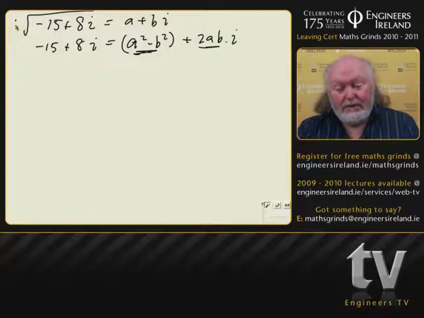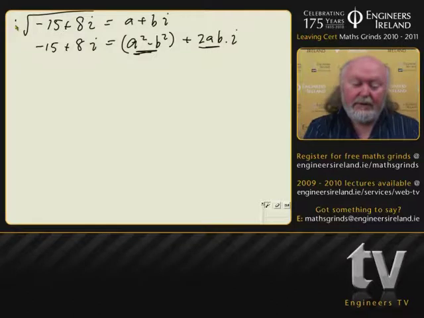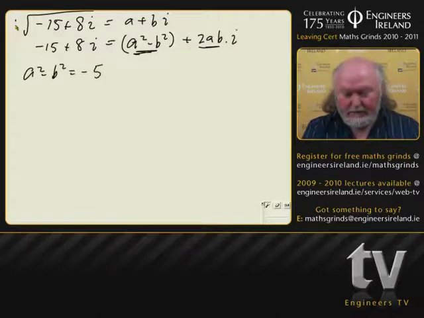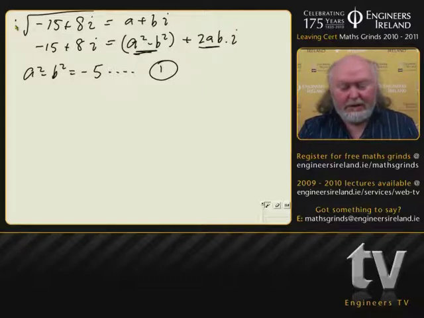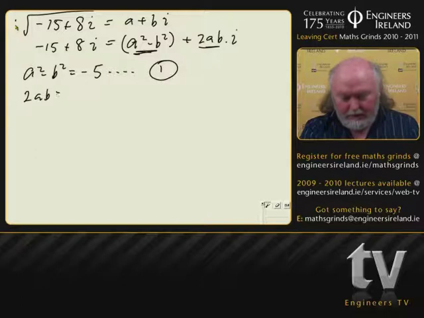Pretty obvious, okay? And we're saying, right, don't I know a number of things? a squared minus b squared is equal to minus 15. Name your equation, because remember, your exam document is a communication one. And if you don't communicate well, you can expect to lose marks. So you name your equations. And we're saying 2ab equals 8.